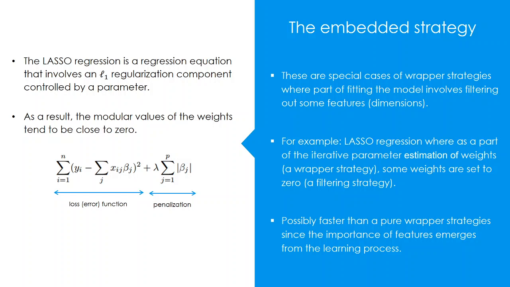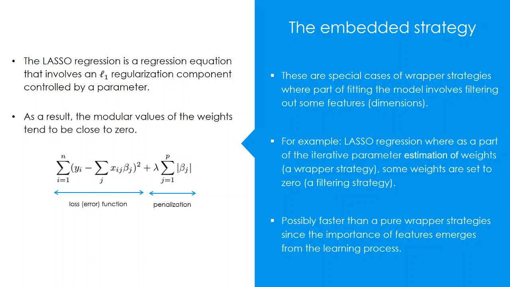By the way, this is the regularization idea of deep learning models as well, the L1 regularization. Okay. This strategy is possibly faster when compared with the wrapper strategy because the classifier is just the model. Let's say the model is just adjusted itself, so we don't need a different model or a different classifier in order to distinguish which features are important and which are not.